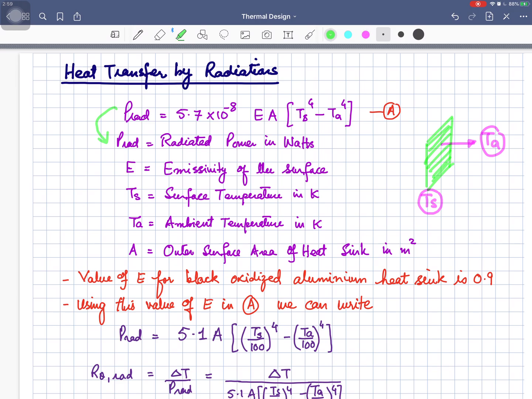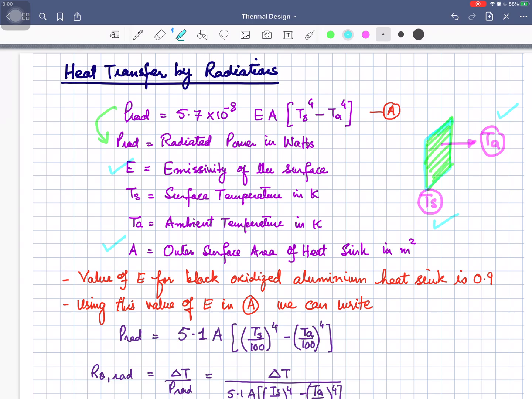and A is the cross sectional area of this surface, which is basically radiating the heat, and E is the emissivity of the surface. So if you know the ambient temperature, surface temperature, emissivity of the surface and the surface area, you can find out how much power will be radiated.